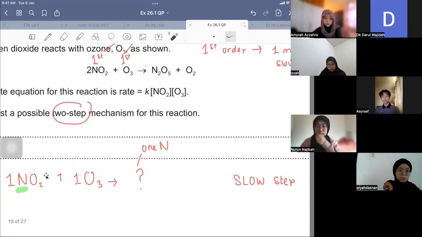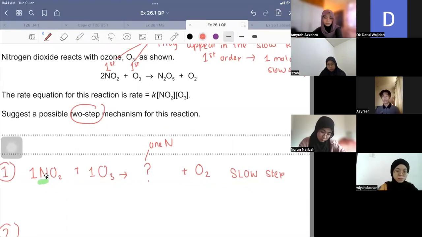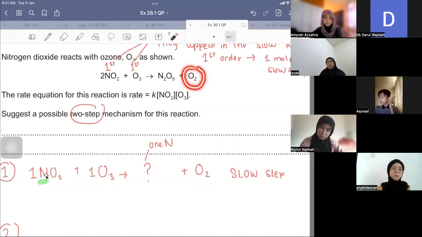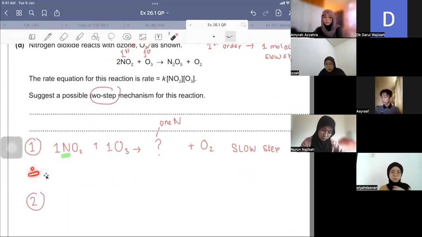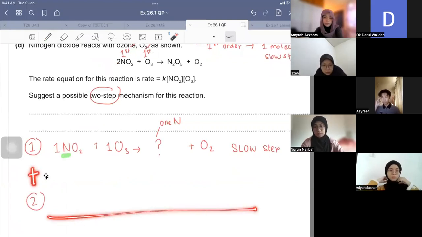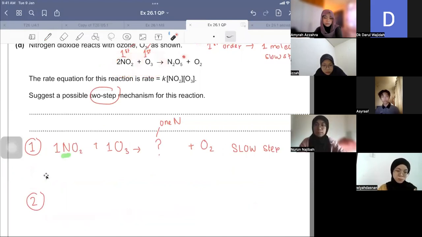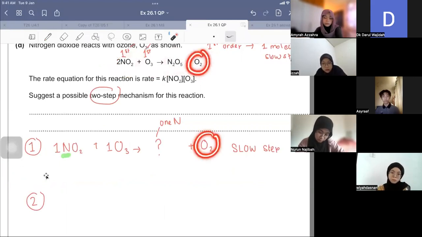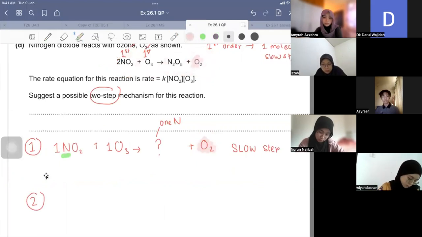Okay, so that means your other product would have to be O2. Okay, so this O2 comes from your product, because later on, if I add step 1 plus step 2 overall must give me 2 NO2, must give me 1 O3, must give me 1 N2O5 and 1 O2. Okay, so this O2 is already here, 1 mole of O2. Okay, so I will just highlight that, O2 and O2.